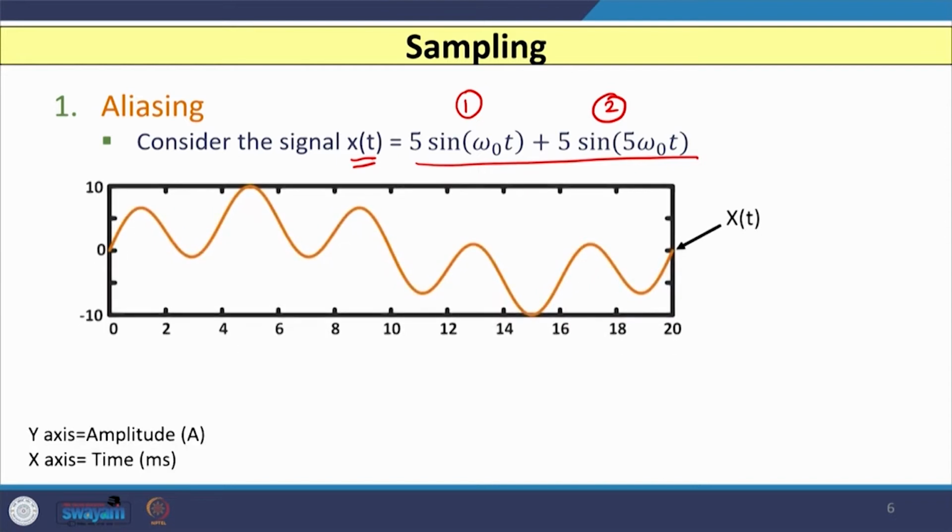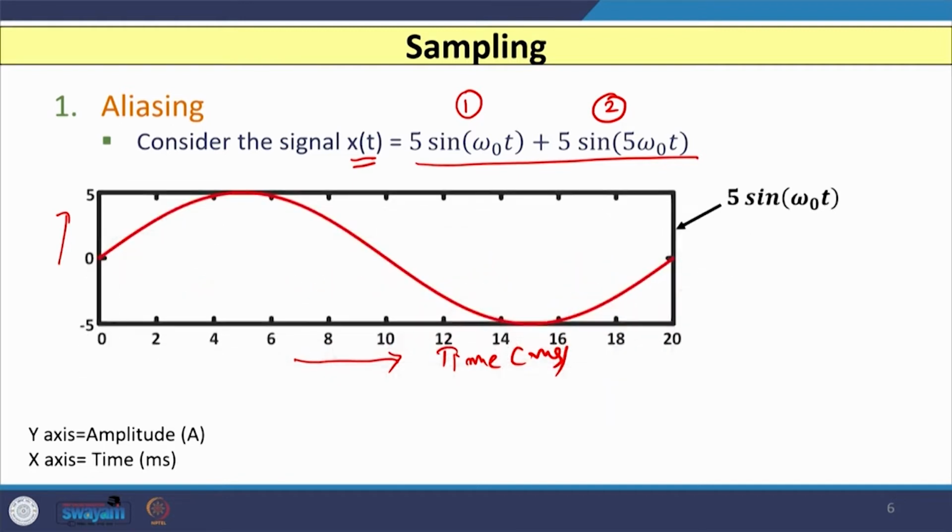If I plot this x(t) signal, which contains 2 parts, one is 5 sin omega 0 t and the other is 5 sin 5 omega 0 t, then the signal looks like this, where on the x axis we have the time in millisecond and on the y axis the amplitude. Let us say we are acquiring a current quantity, so let us say ampere. So, this signal x(t) looks like this.